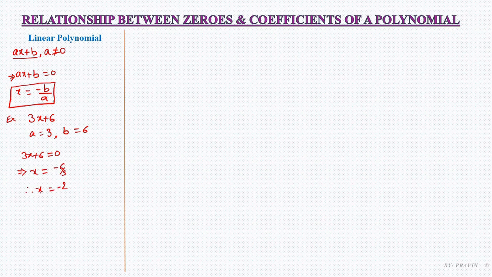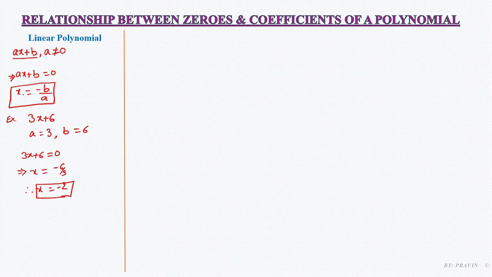This means if the value of x equal to minus 2 is put here, then the entire expression value will become 0. And this x is equal to minus 2 you can directly find with the help of this formula, which is a relation between the coefficients of the given polynomial and the zero of the polynomial.